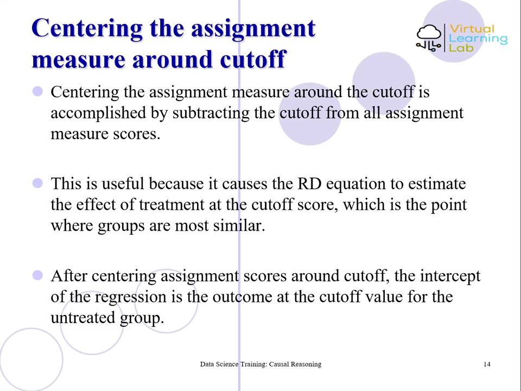As you saw in the ANCOVA model, we center the assignment variable around the cutoff, and that centering is critical to allow the interpretation of the coefficient of the treatment variable as the local average treatment effect.